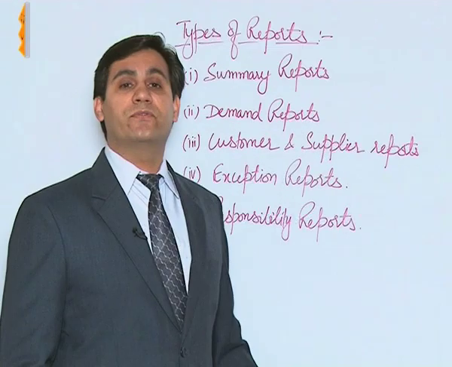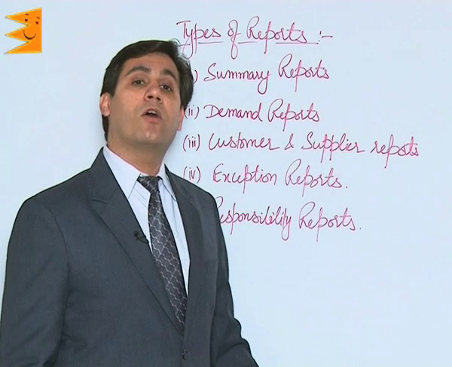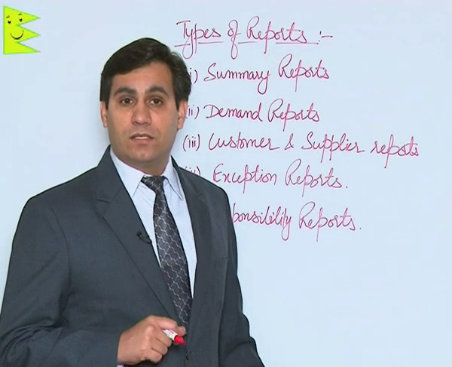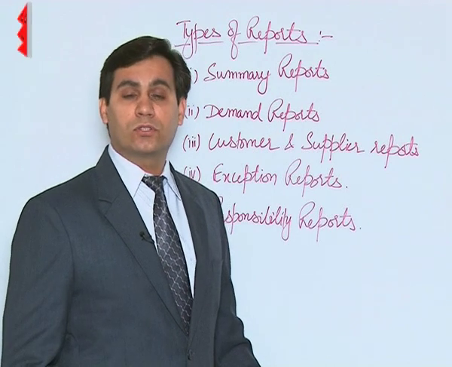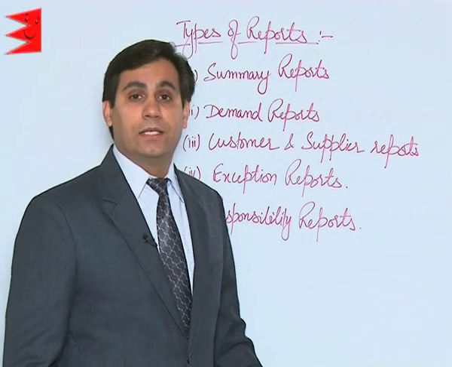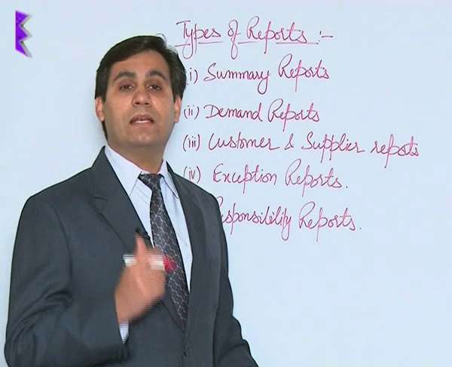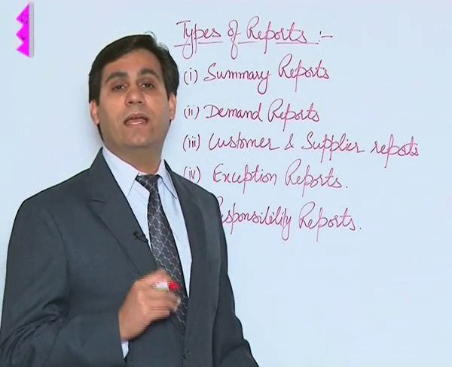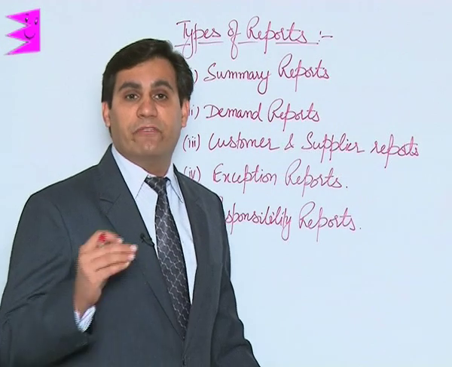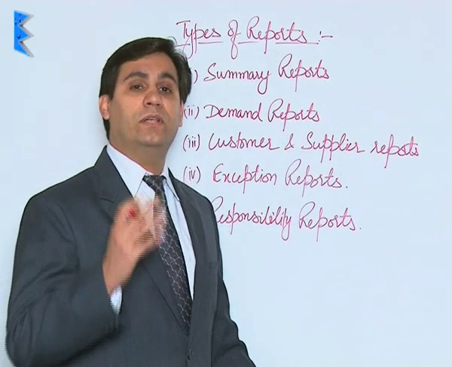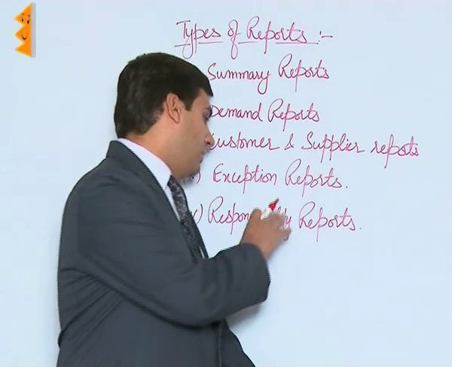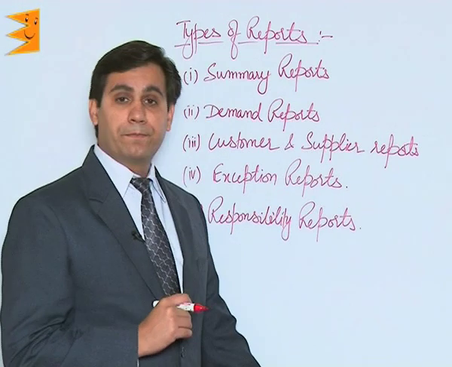He wants to assess which department has ordered stock way above its requirements. So he may order for stock status query. So this query will give him a clear reflection that a particular department is using X number of units in a month, whereas it has ordered way beyond its capacity. So this kind of information comes under exceptional report.